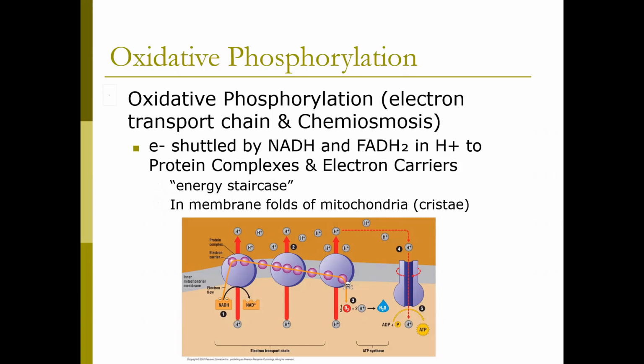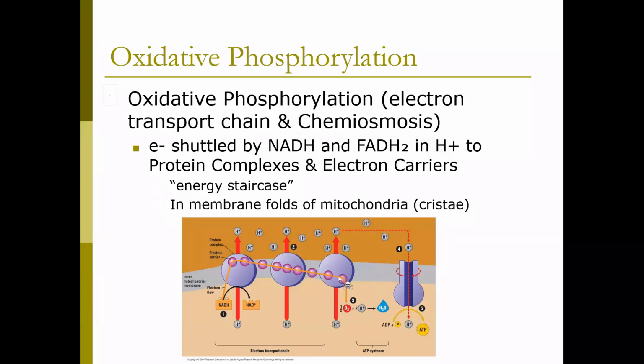Each one of those electron carriers has made its way into the inner folds of the mitochondrion, the cristae, and they are going to finally release those electrons, and those electrons will get picked up by the electron transport chain. The electrons that were shuttled by NADH and FADH2 are going to end up being dropped off in the electron transport chain.